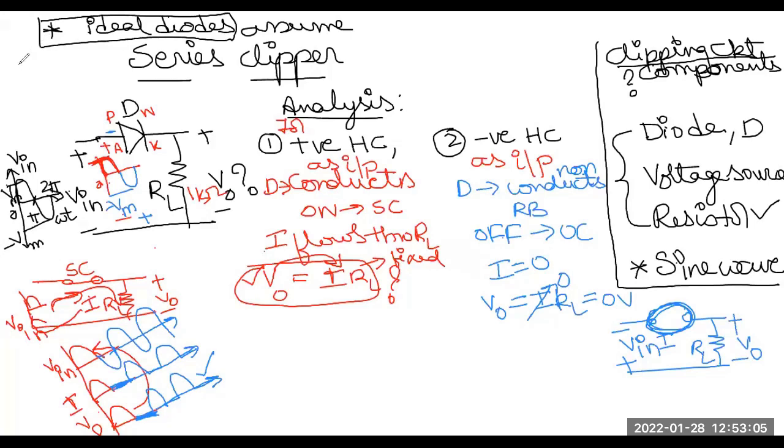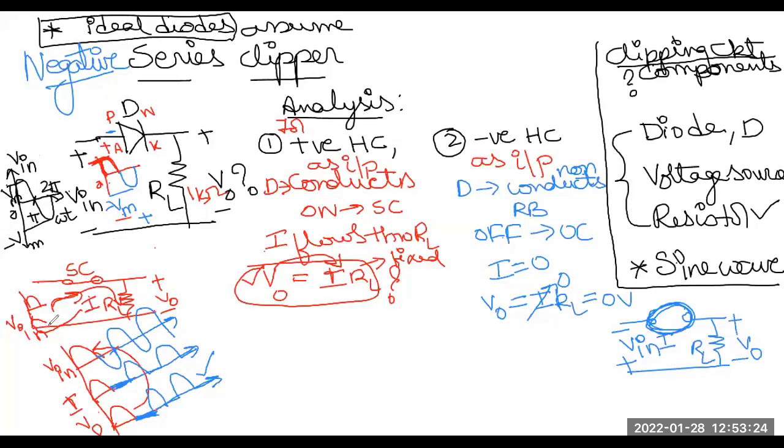Negative, ma'am. It clipped the negative side. Yes, since it clipped the negative waveform, we call it a negative series clipper. Very good. So this is how we explain the operation of a negative series clipper with respect to this circuit.